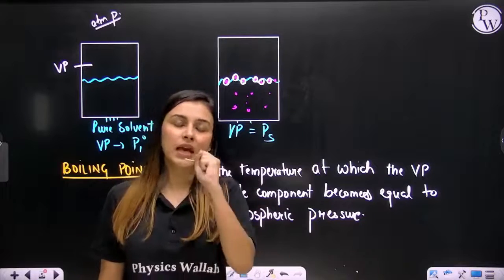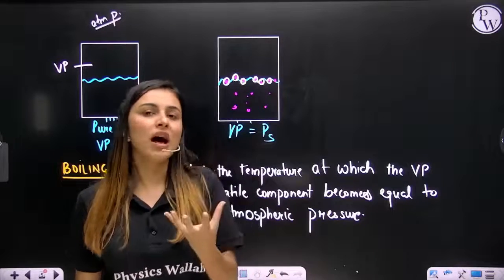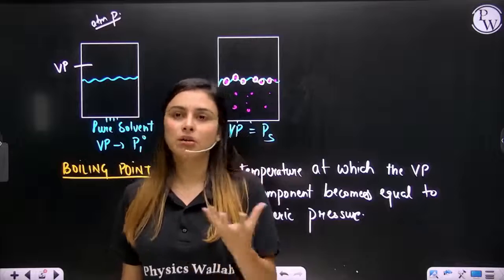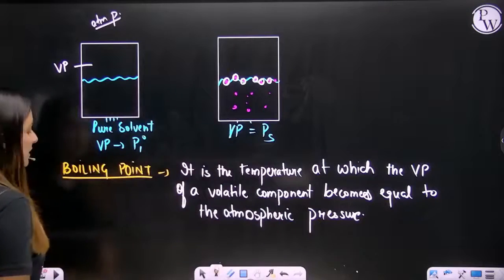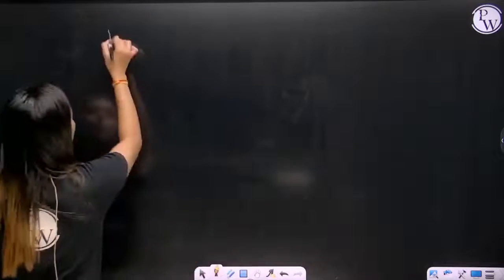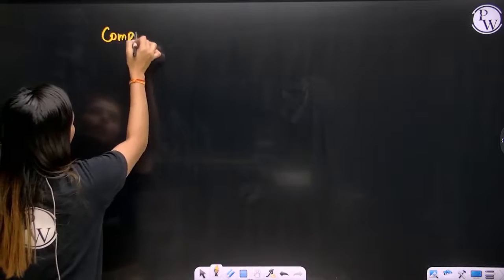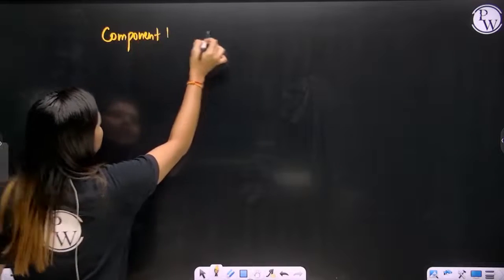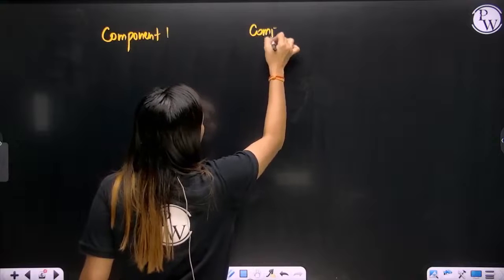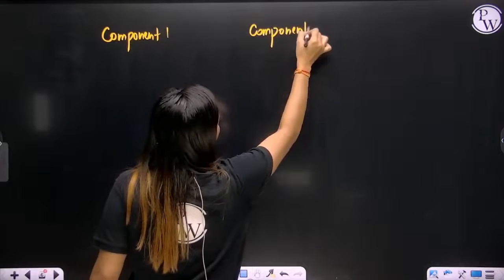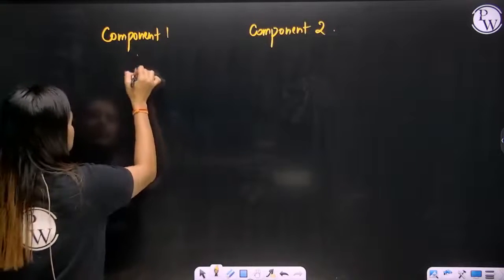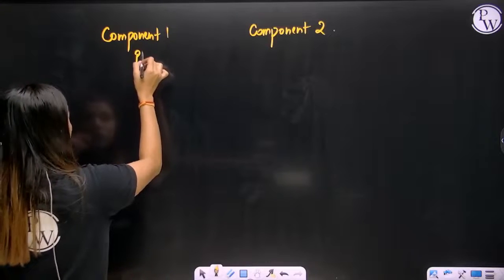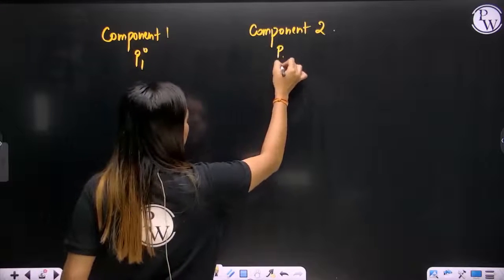Now, my dear students, imagine you have two different components. I'll just give you an example. You have component 1 and you have component 2. Let's say its vapor pressure is P1 naught and its vapor pressure is P2 naught.